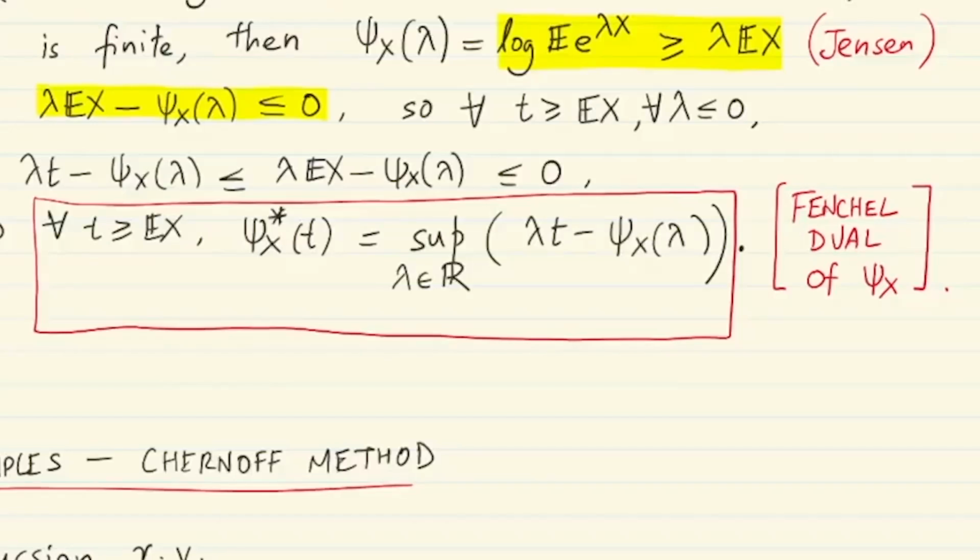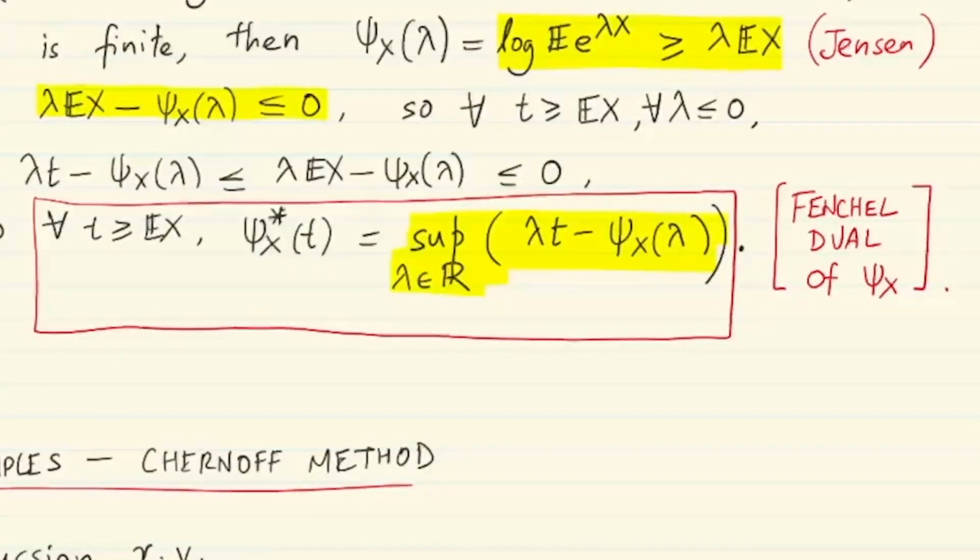By the way, if you give me any function Cx, and I define the following function, which is the sup over lambda in R of lambda t minus Cx of lambda, this function Cx star of t has a special meaning and a name in convex analysis. It is called the Fenchel dual of Cx, or the Fenchel-Legendre dual of Cx.